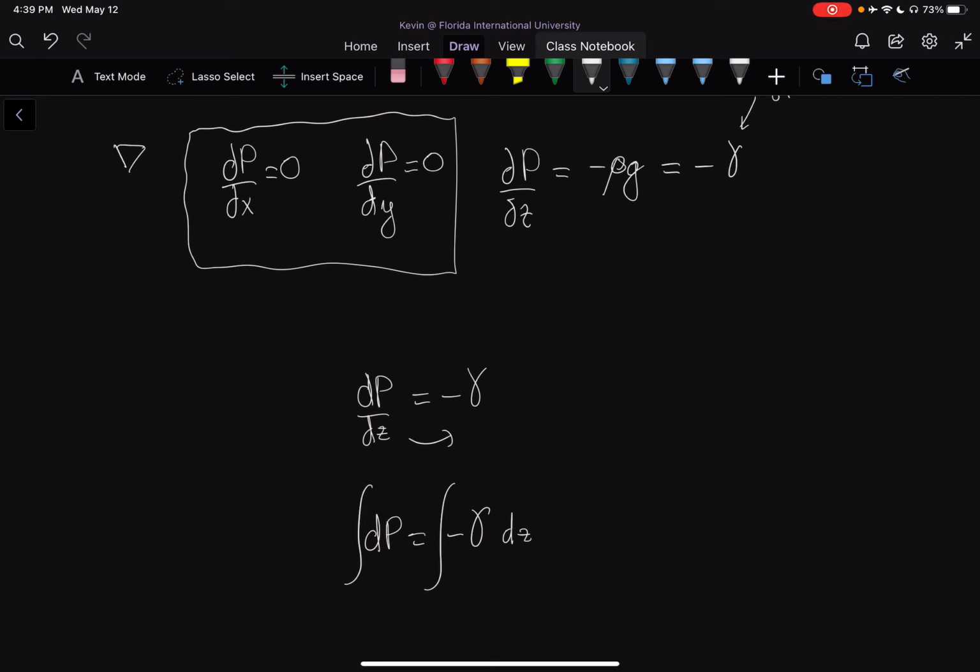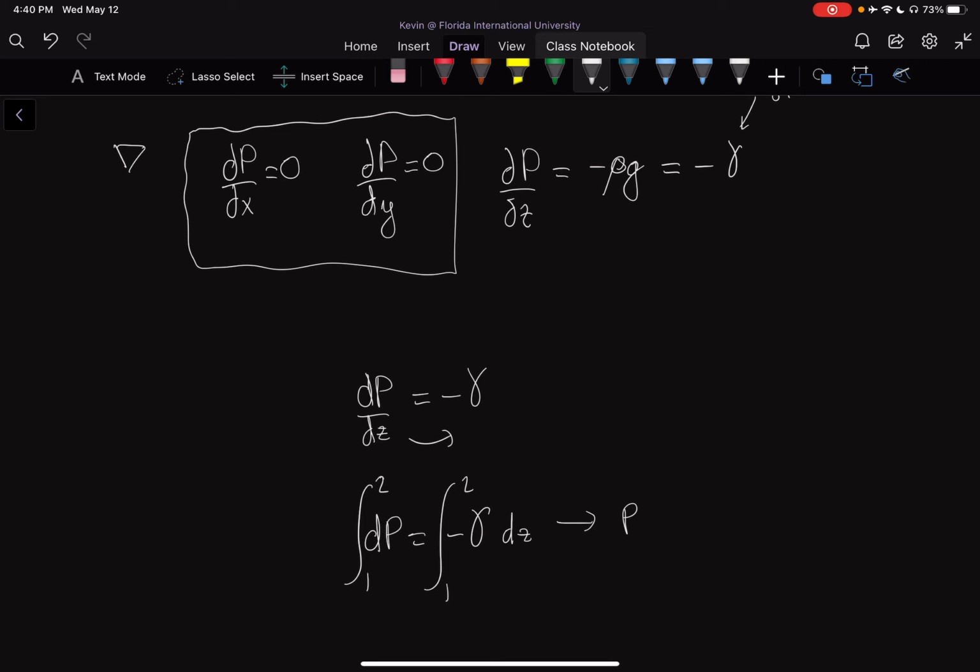We can take the integral of both sides to get the difference in a fluid element, or in any element height, right? We can do an integral throughout and solve for that integral. We can do this integral from position 1 to position 2.